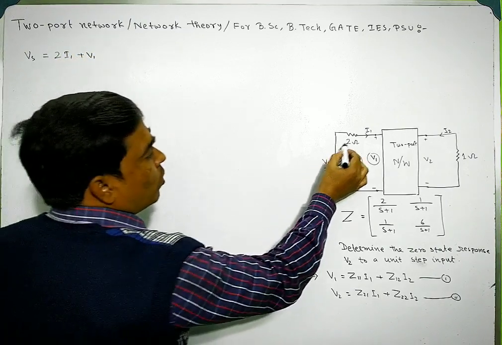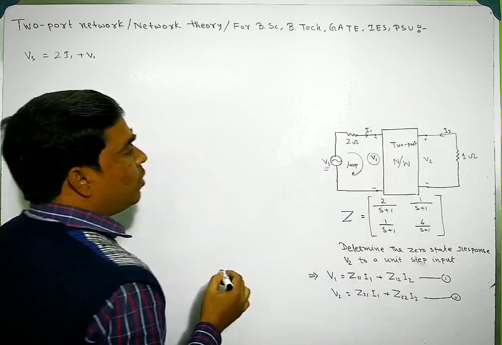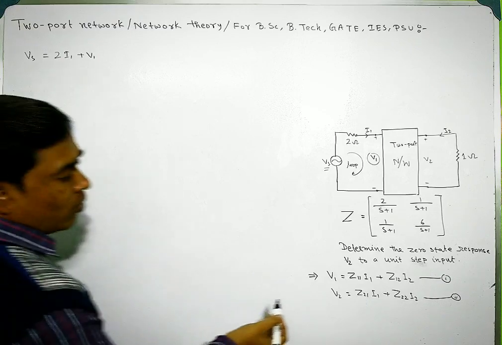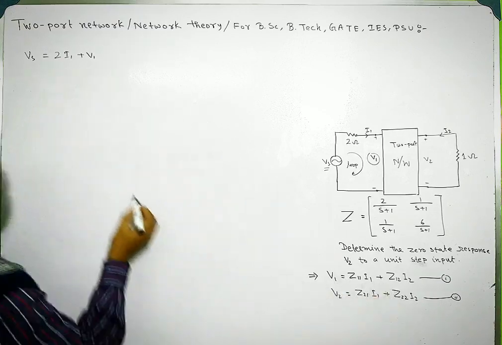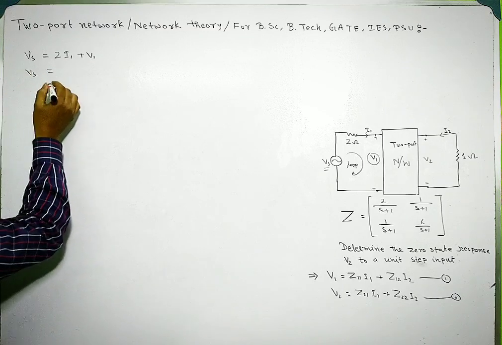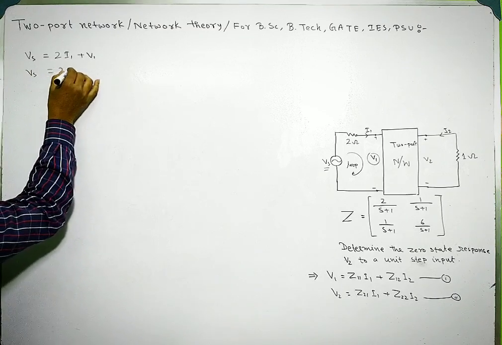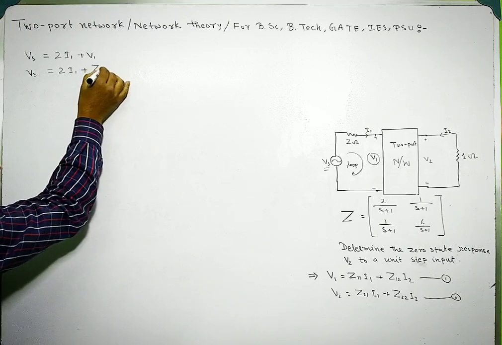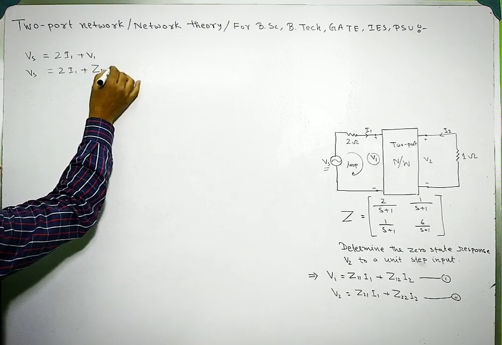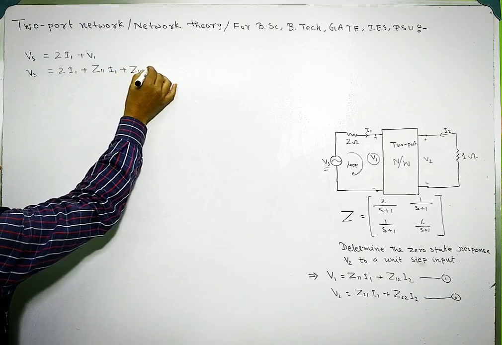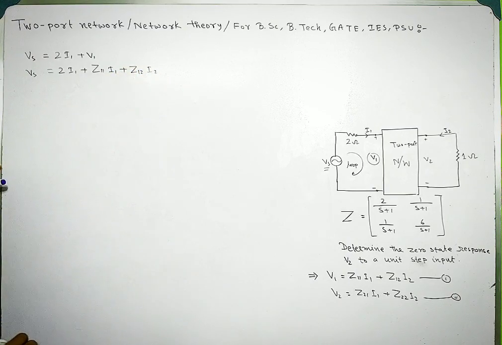And I know what V1 is. So in this equation, Vs is given by 2 I1 plus Z11 I1 plus Z12 I2.